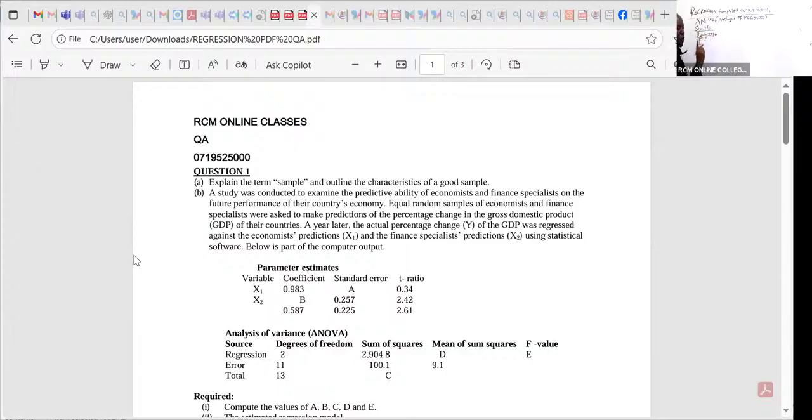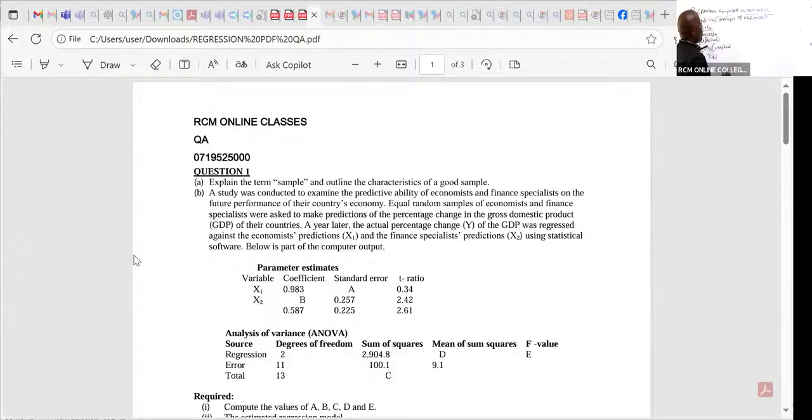Regression, remember, is what we have called explained. And the error is what we have also called unexplained. And then we have total down here.